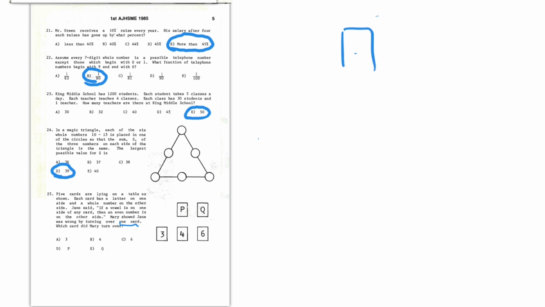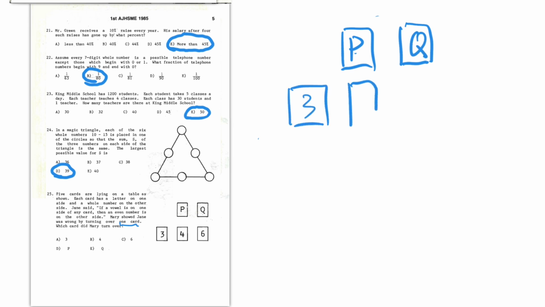We have the 5 cards: P, Q, 3, 4, 6. Jane said for one card, if one side is a vowel, the other side must be even. So which card should Mary turn to prove that Jane was wrong?